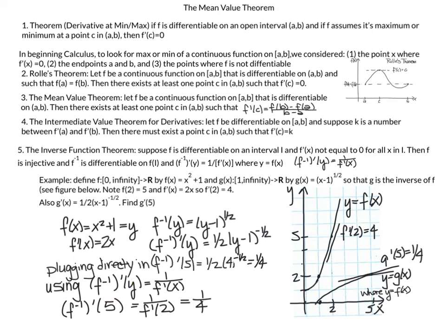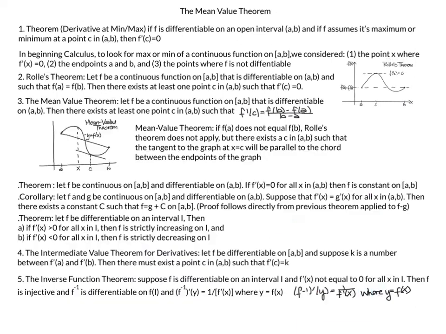You want to know what f of x maps to y equals 5, and we have that here, which was a note that f of 2 is equal to 5. So over here we want to put 1 over f prime of 2. And plugging into our formula for the derivative of f of x, that would be 2x. So our final answer is 1/4, which agrees with this answer here.